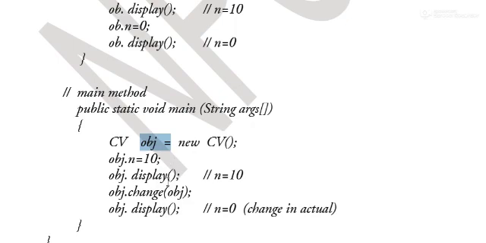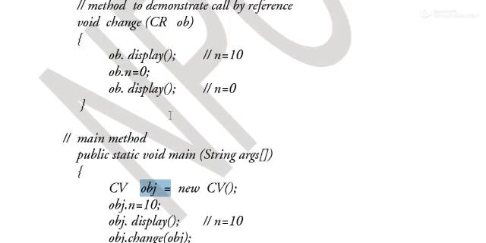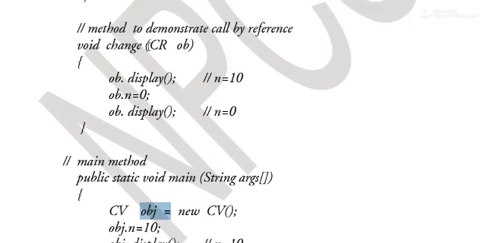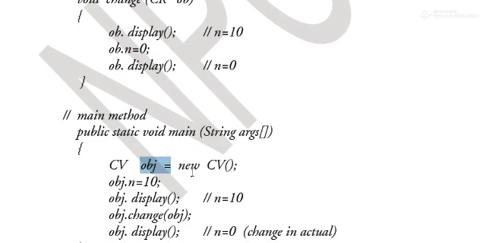So in the case of reference, call by reference, any change made in the formal parameter affects the actual parameter.